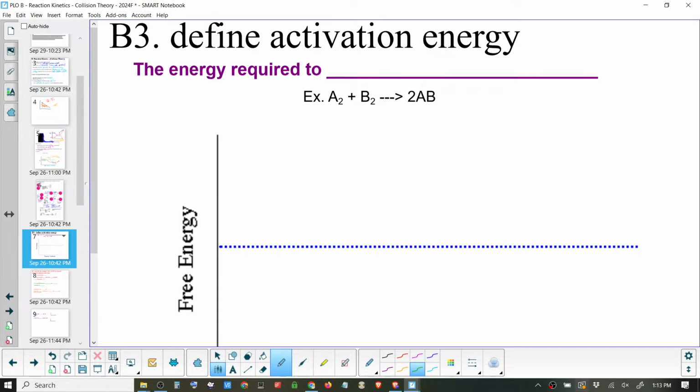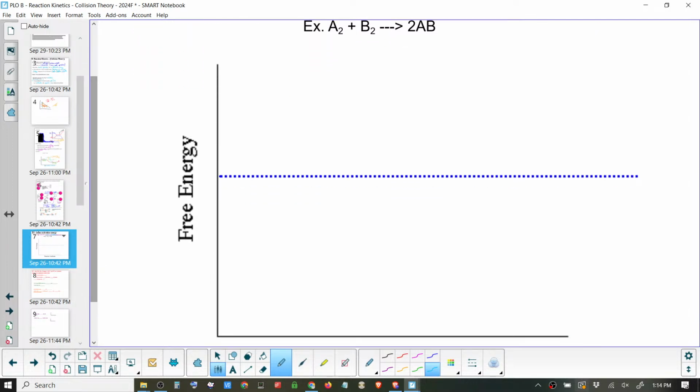Define activation energy. Those of you who did it, since everybody defined it, how do you define the activation energy? The reaction energy required to start a reaction. So we have an example reaction here. I'll make this a little smaller. We're going to label this as a graph.